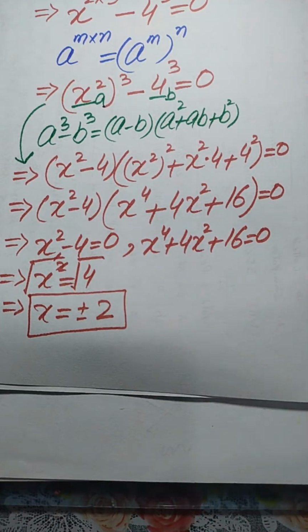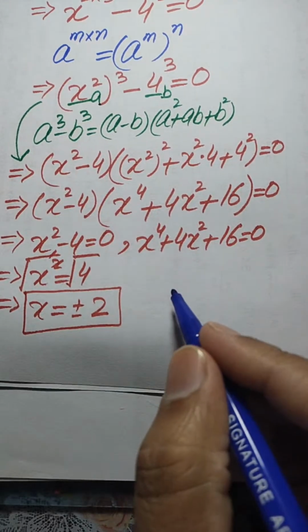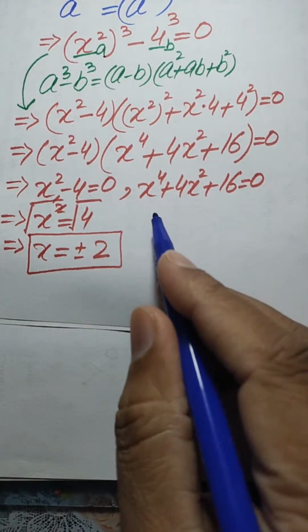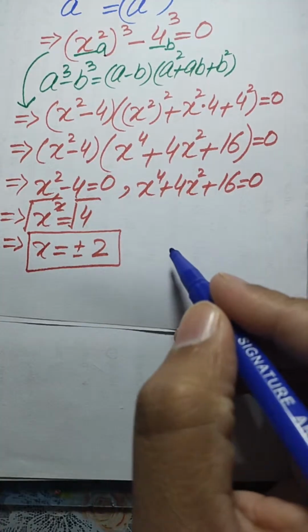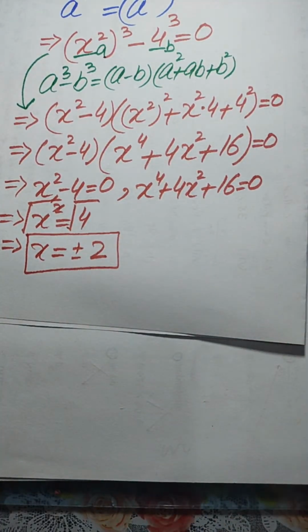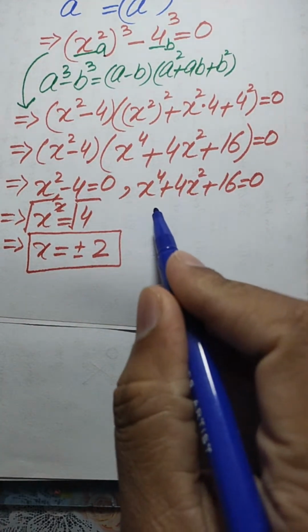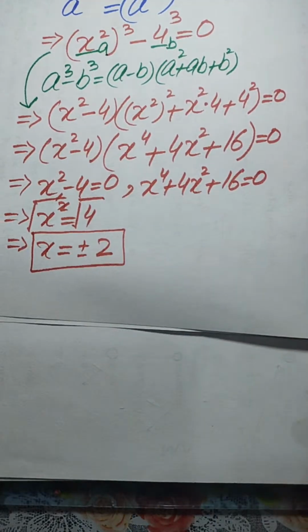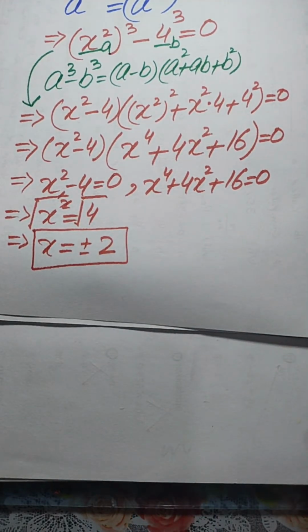And now for the other roots we need to solve our second equation. For the second equation, we first rewrite this equation as x to the power of 4. Here we need to convert this fourth order equation into the quadratic form.